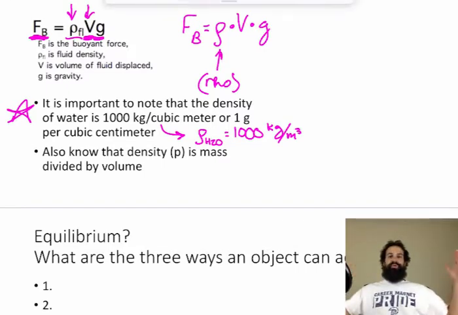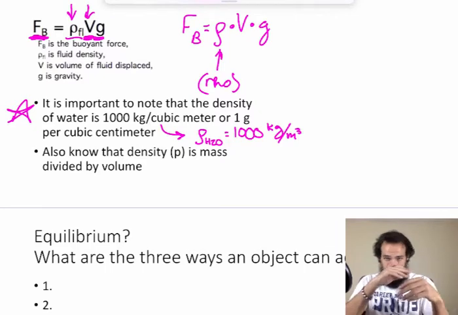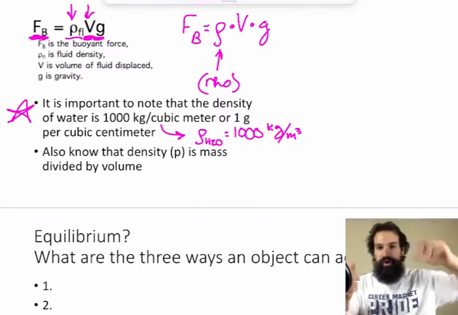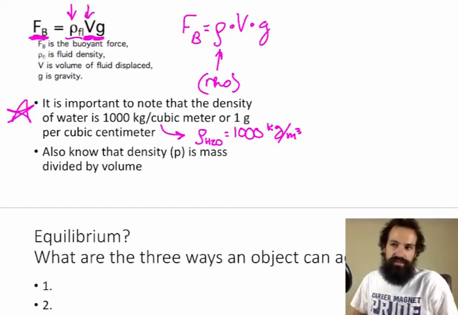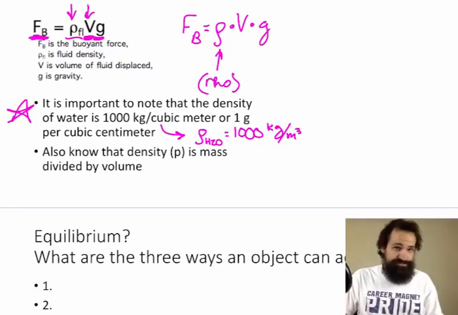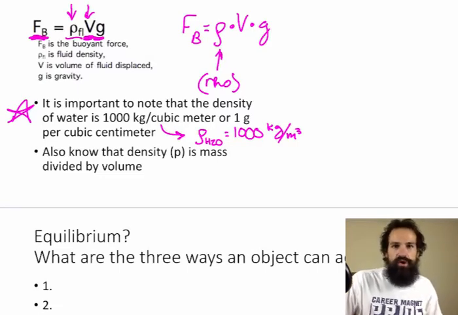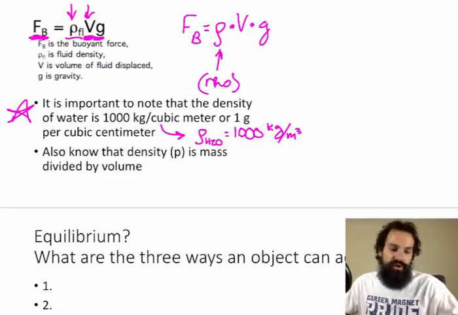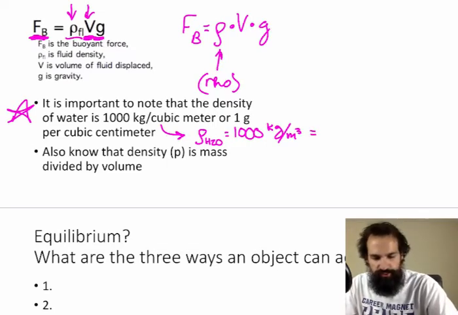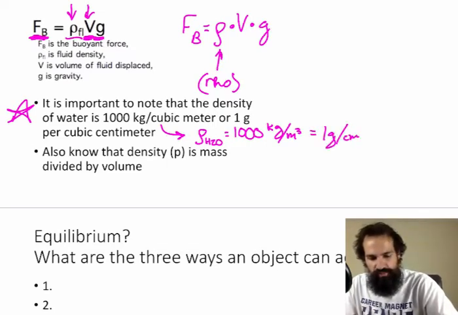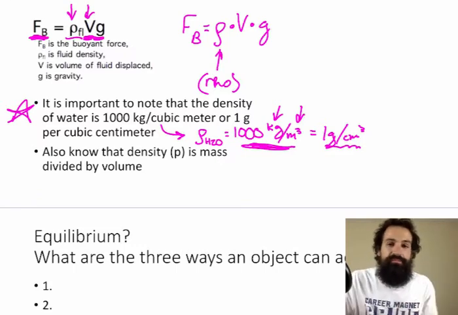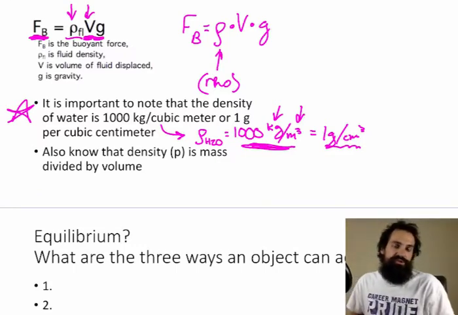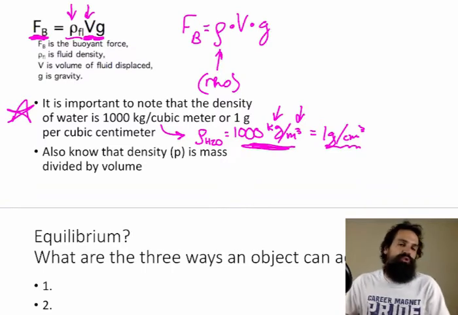So if you have a meter box, 1, 2, 3, and you fill it with water, it will have a mass of 1,000 kilograms, aka super heavy. And it's also 1 gram per cubic centimeter. That one you will use less because in physics we use kilograms for mass and meters for length. So this 1,000 kilograms per meter cubed is the much more relevant equation.